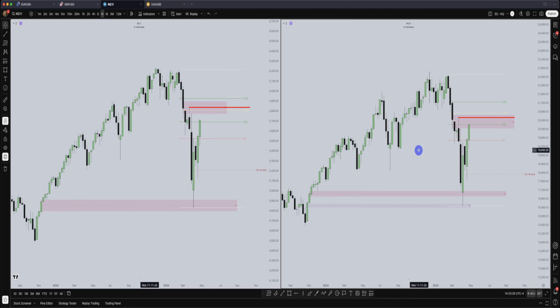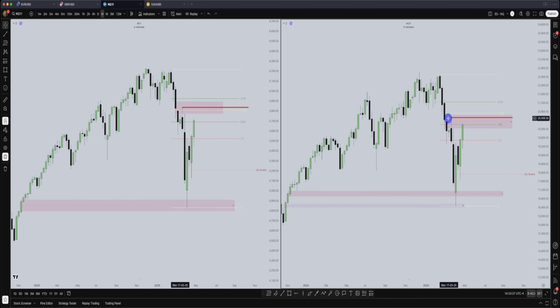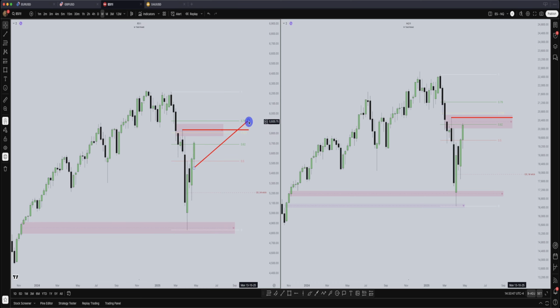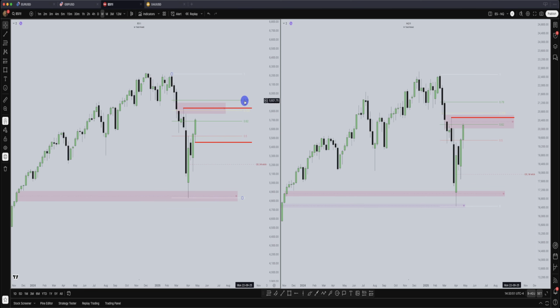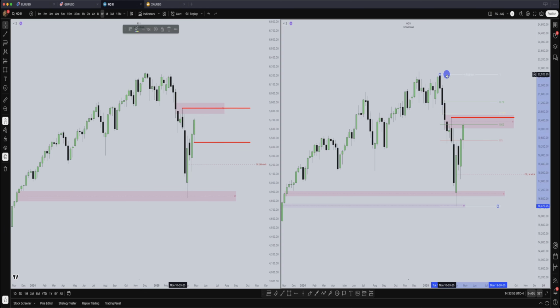So levels to have in mind this week: this one is a very important level. Also, we have the previous week low, which is this level. I will take the Fibonacci out to be cleaner. So these are important levels to have in mind this week.